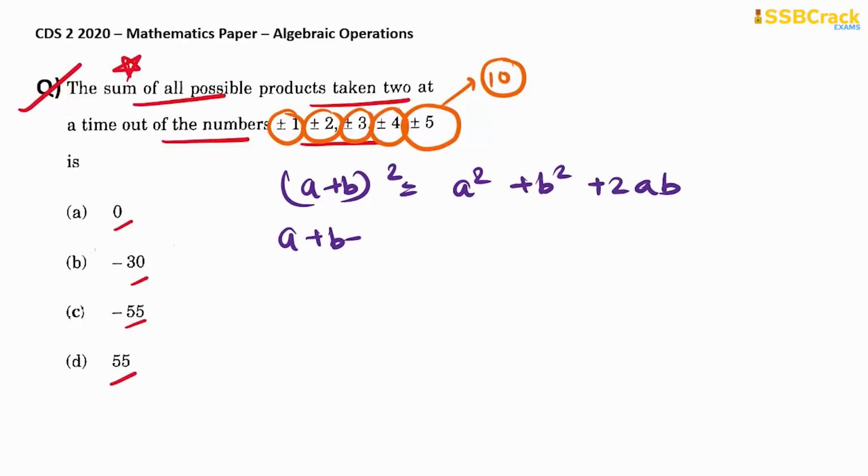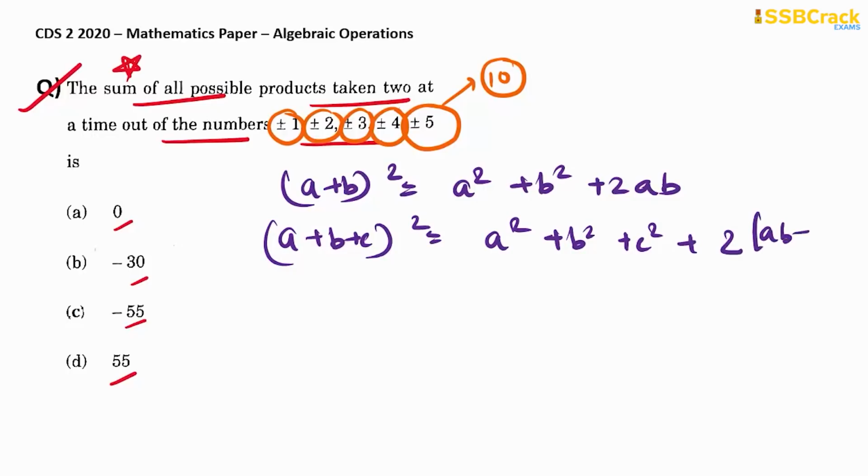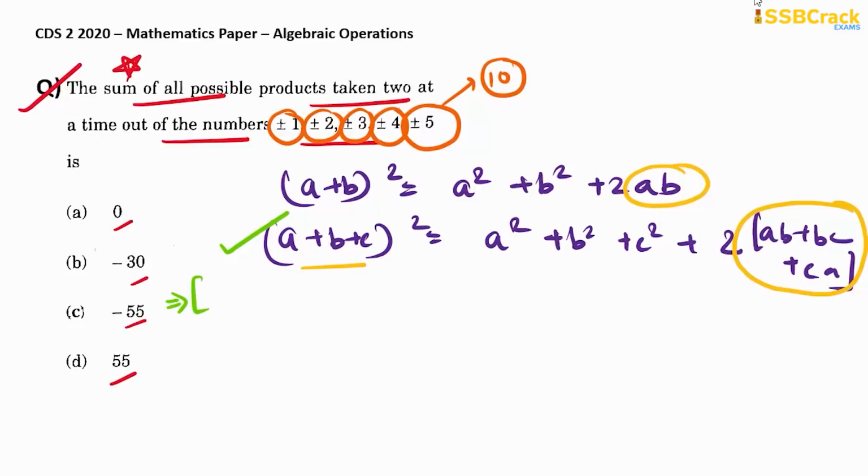Similarly, a plus b plus c whole square is equal to a square plus b square plus c square plus 2 into ab plus bc plus ca, right? We can observe that by expanding this formula, we get 2 into the product of two numbers, and here we are getting the sum of the product of numbers taken two at a time. So now we can easily expand this result up to 10 terms. We can take these 10 numbers as our a, b, c.